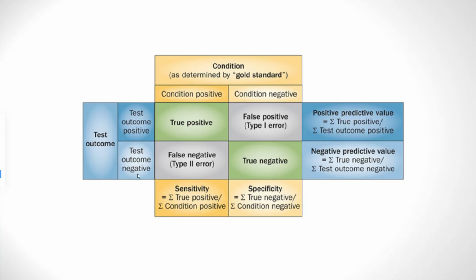If it tests negative, we can have false negatives, which are type 2 errors, and true negatives. Condition positive, true positive, or false negative, these people actually have the disease. Condition negative, these people actually don't have the disease. Sensitivity is correlated on this side, while specificity is on this side. And then positive predictive value and negative predictive value, we'll get into those definitions in just a little bit.